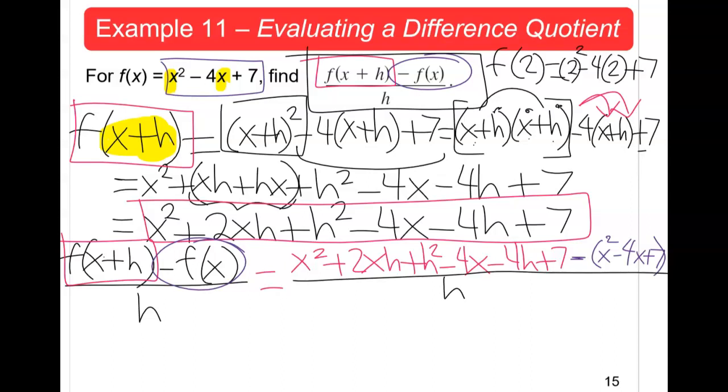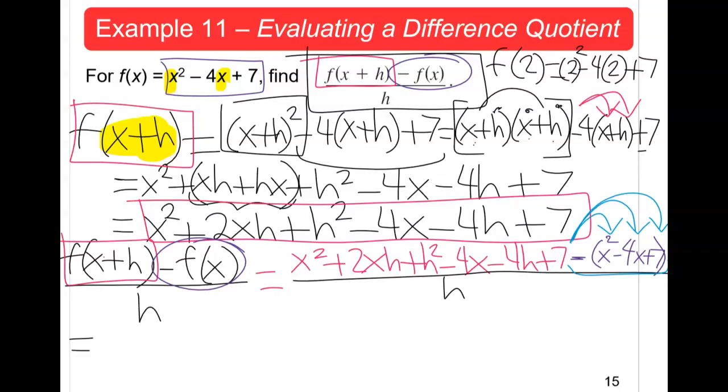So the next step will be, of course, to distribute the negative sign here. And of course, you can skip that step. That's fine. You could just distribute the signs instead of writing it down inside of parentheses. The reason I do it is just so you could see what needs to be done.